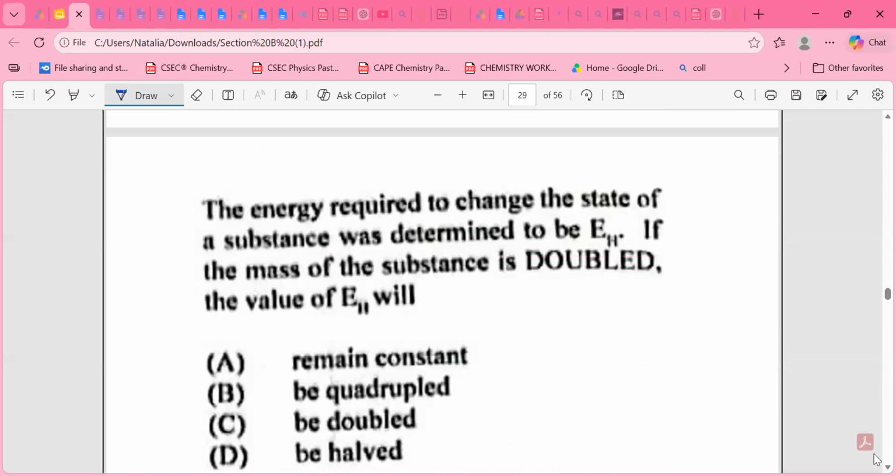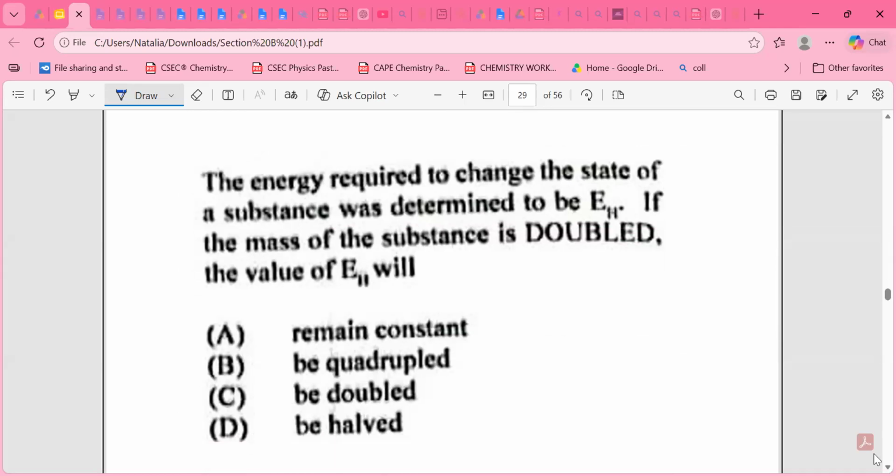Energy required to change the state of a substance is determined to be EH. If the mass of the substance is doubled, the value of EH will... B. Change the state, EH is equal to L, latent heat.